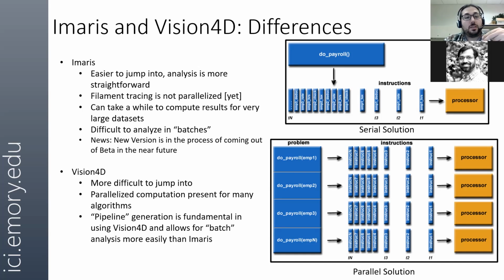A secondary but very important consideration is how both of these programs are able to parallelize processes and how you can build a pipeline in each of them. Now, parallel processing, I've included two images here to illustrate that. When you are able to parallelize a method of calculation, you're essentially able to break it up into tiny little pieces that are all calculated in the same way.